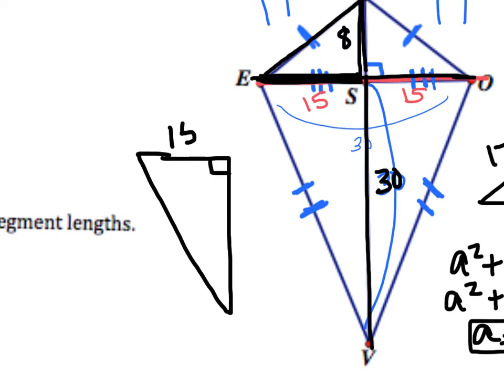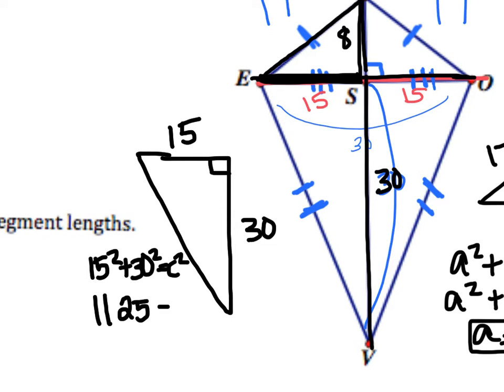This is 15, and then this is 30. So I'm going to do the Pythagorean theorem to find that last side. I'm going to get 1,125.